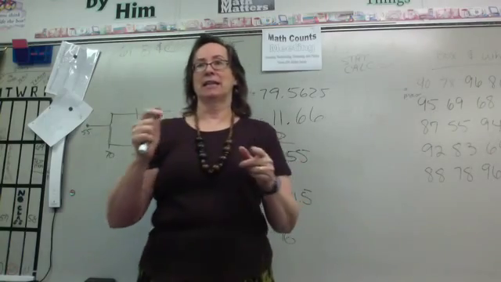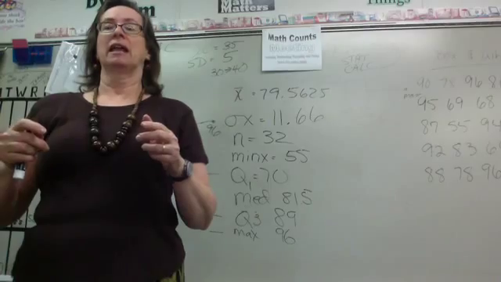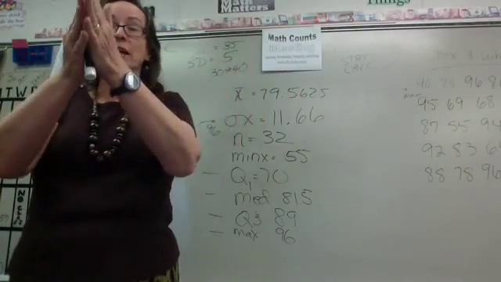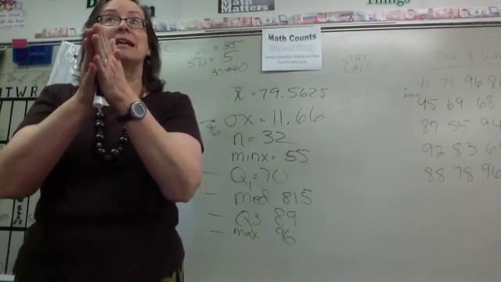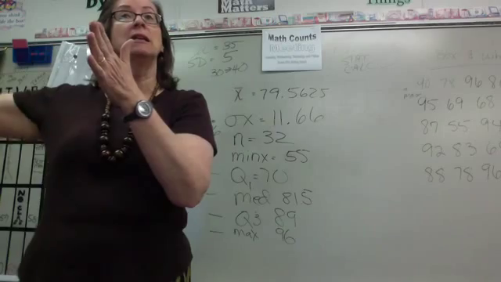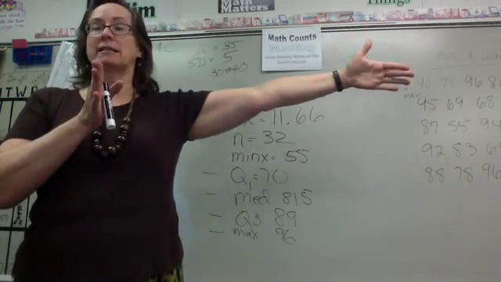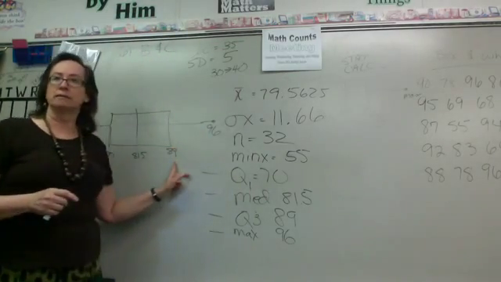It's all the numbers set in a row numerically, and then the middle number. Does it make sense, guys, that half of the data lies to the left of the median and half of the data lies to the right of the median? Yes. Okay, now, how do I find a quartile?